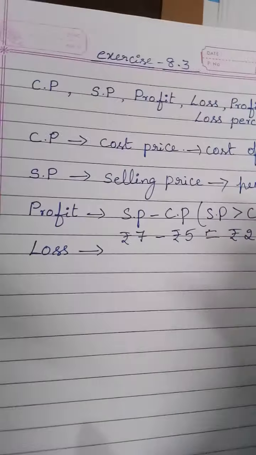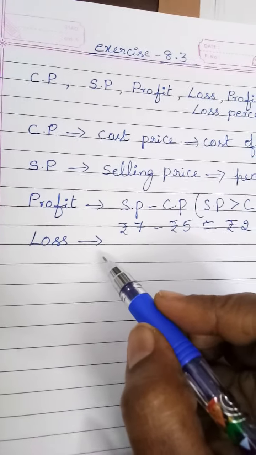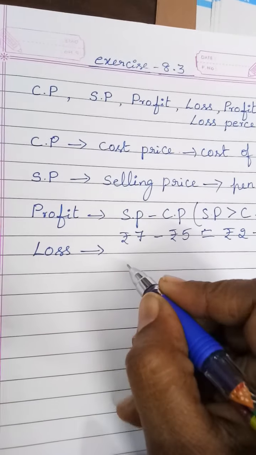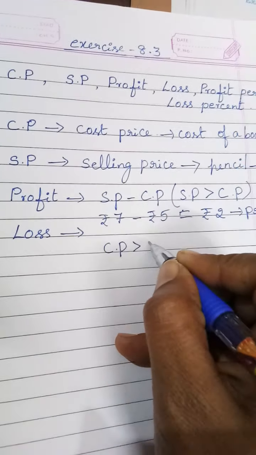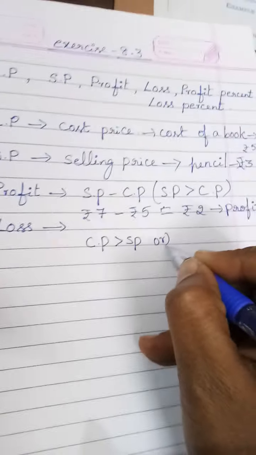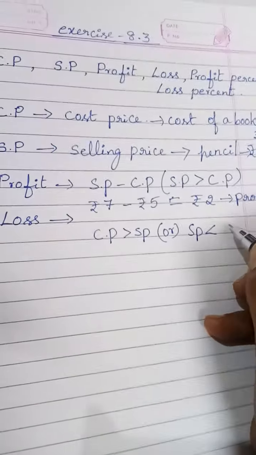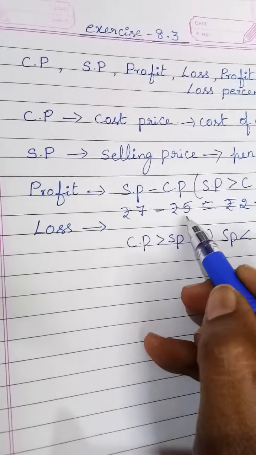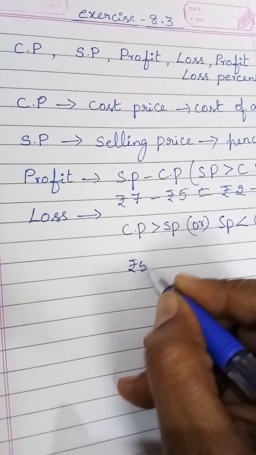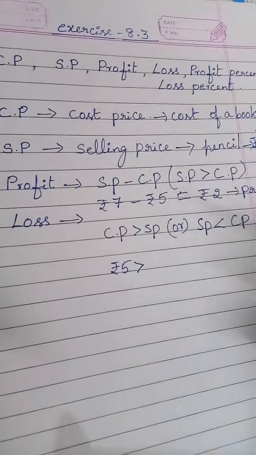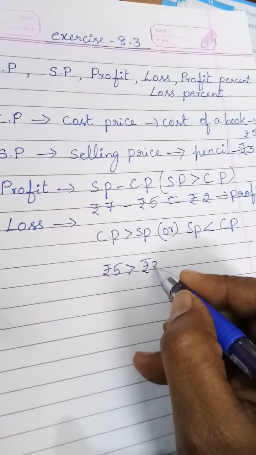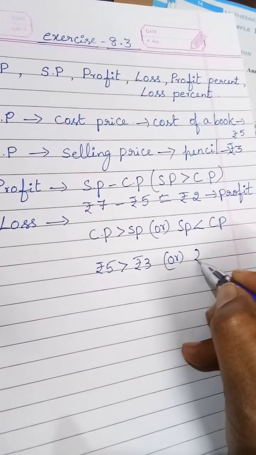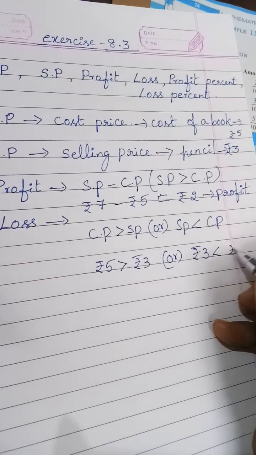Now, what is loss, children? Loss means when selling price is less than cost price. So cost price is greater than selling price, or you can write it as selling price is less than cost price. The cost price of the book is 5 rupees here, correct? And if you sell it for 3 rupees, that is, 3 rupees is less than 5 rupees.